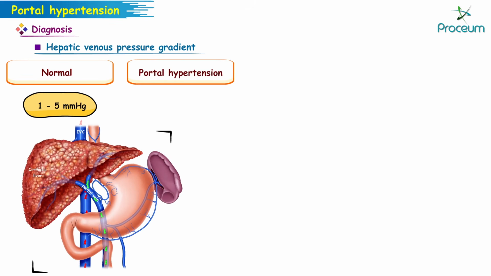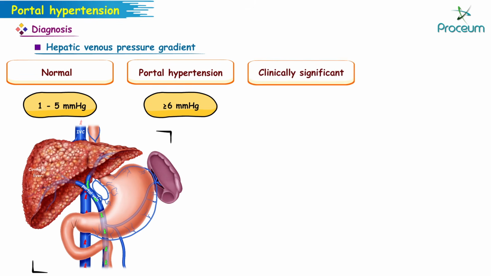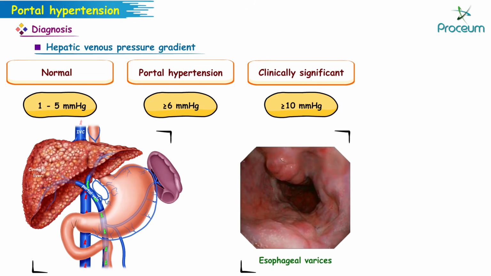Portal hypertension is present if the hepatic venous pressure gradient is at least 6 millimeters of mercury or beyond. Portal hypertension typically becomes clinically significant when the hepatic venous pressure gradient is at least 10 millimeters of mercury or more, at which point varices start developing.